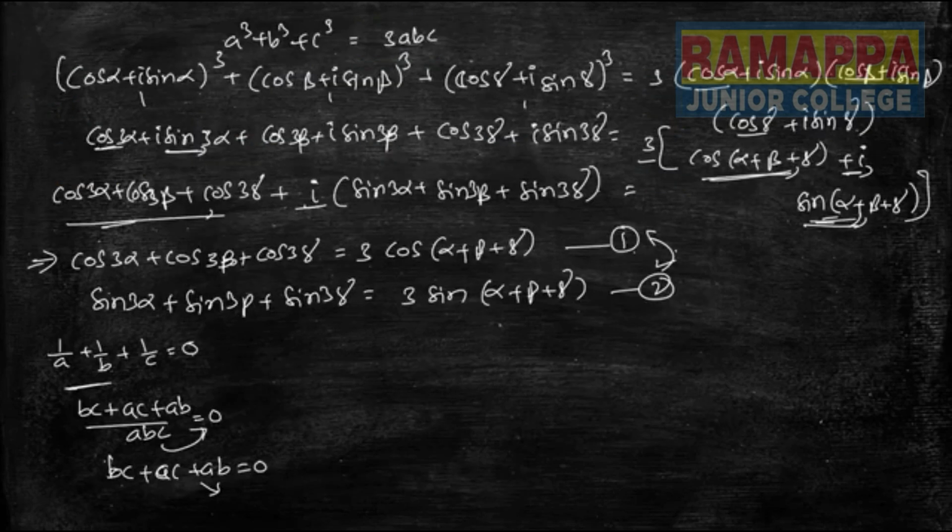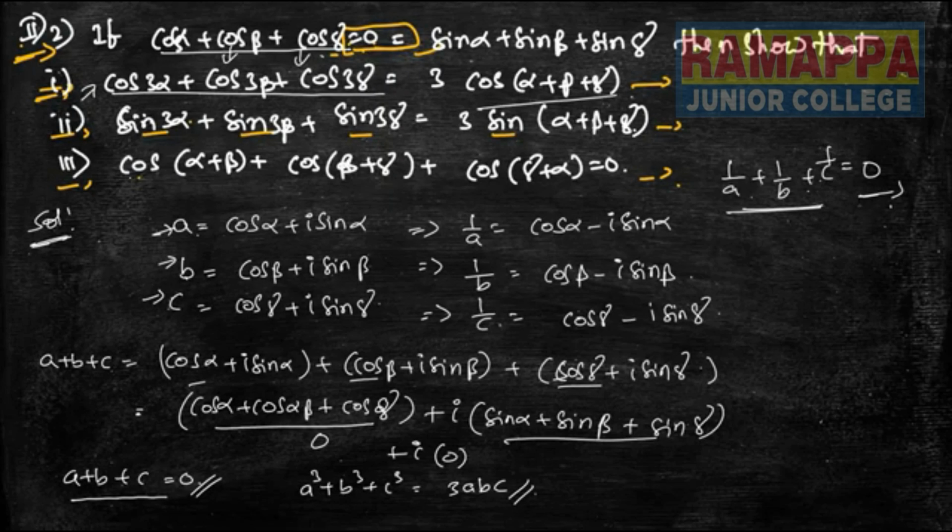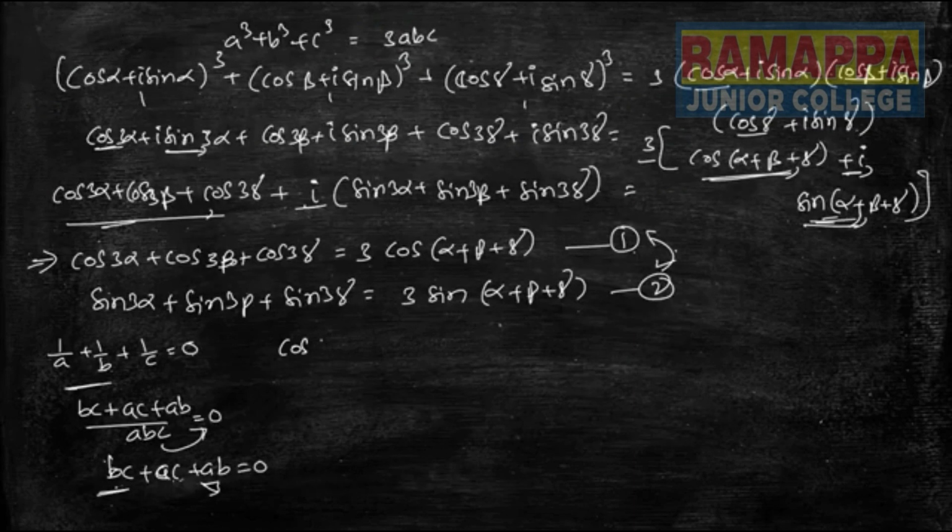Okay, here we have to substitute first bc, and after that we will do ab and ca. So ab is equal to how much? cos alpha plus i sin alpha, so I will do this here. cos alpha plus i sin alpha into b, b is beta, so cos beta plus i sin beta.